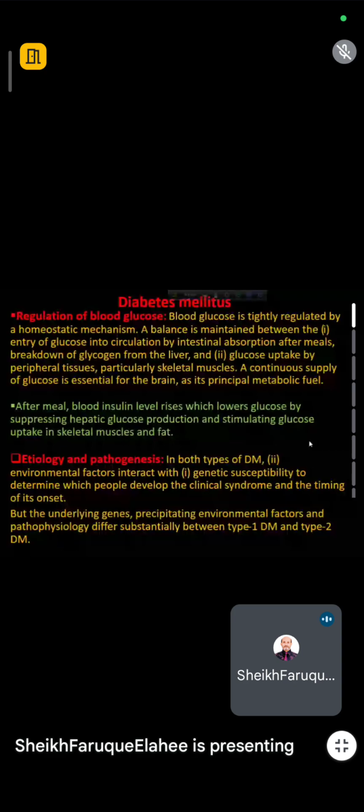Say, alhamdulillah, I don't have diabetes. But if I have diabetes, it means I had a genetic susceptibility from my father and mother and from the family. Maybe my father and mother had diabetes, and I am born of them.